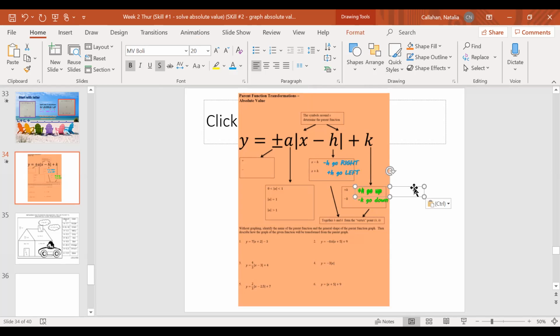Okay, then let's talk about positive A's. Okay, if it's a positive A, it's going to be a happy face in a sense, or just right side up.